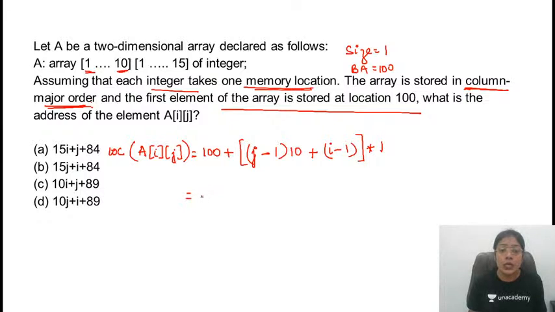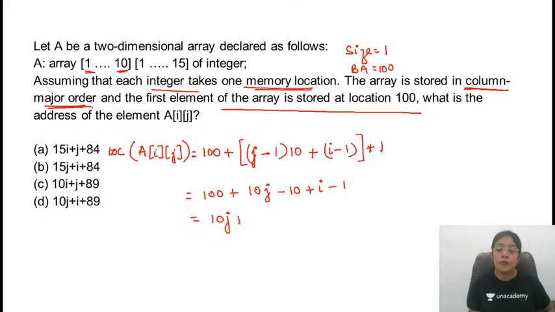This comes out to be 100 plus 10J minus 10 plus I minus 1. Just simplify this. This comes out to be 10J plus I plus 100 minus 11, that is 89. That is nothing but option D.